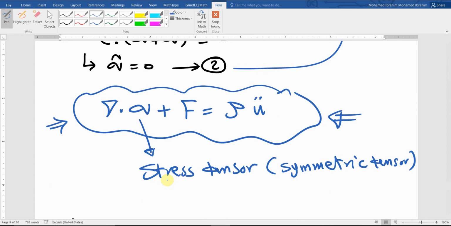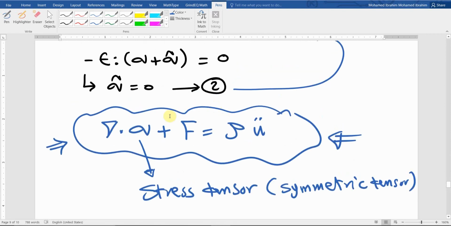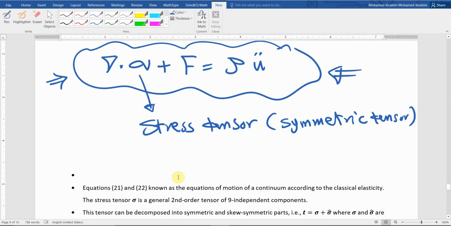Originally it should be a general tensor with symmetric and skew symmetric parts. But based on the dynamic equilibrium condition, and especially equation 2 of the continuum mechanics, we end up with the skew symmetric part being 0, and that's why in classical mechanics the stress tensor is symmetric. Why?